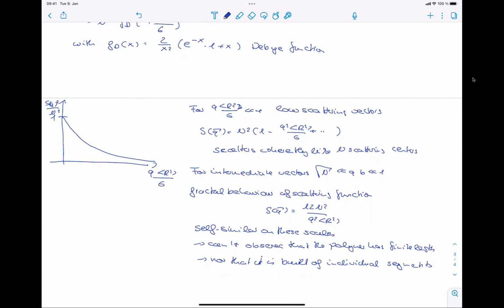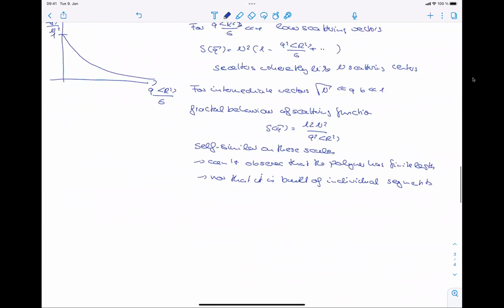Okay, so this now concludes our journey into flexible polymers. And then the next topic is going to be to look into semi-flexible polymers.